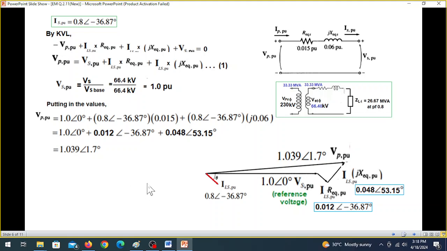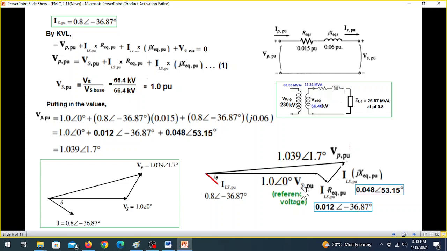Okay, let's move to the next part. Now, this diagram I have drawn in the book. He has drawn this diagram in the solution manual, actually. So this is a shortcut. What he has done is he has taken this reference, and then he has drawn this VP and connected these two. And this is the current. But I prefer this one because here you get exact feeling of what is happening.